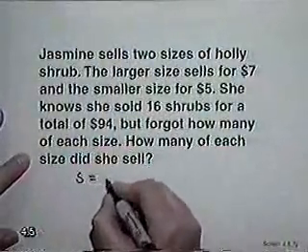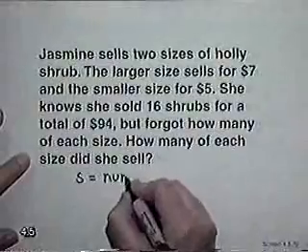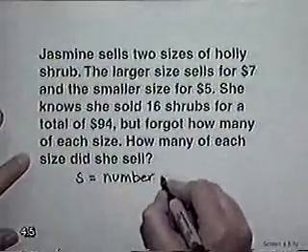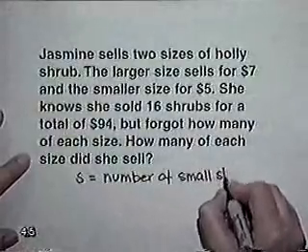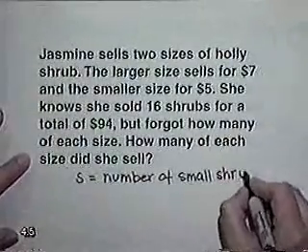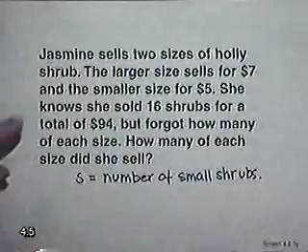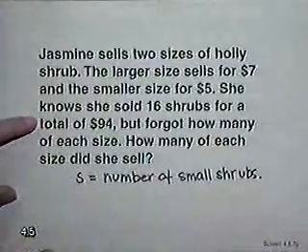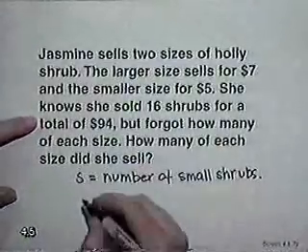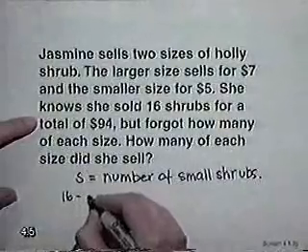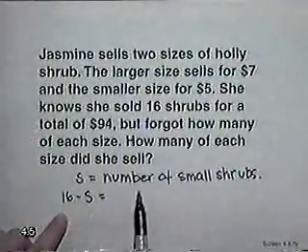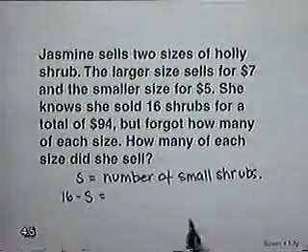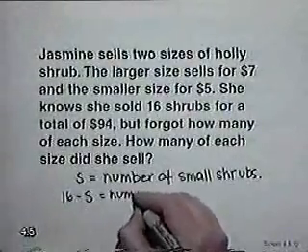Let's let S be the number of small shrubs. She sold a total of 16. So 16 minus S, or 16, and then take away the number of small shrubs that were sold, will be the number of large shrubs.